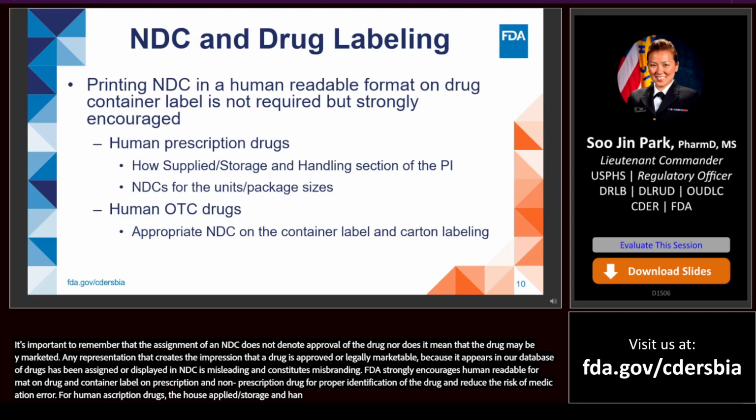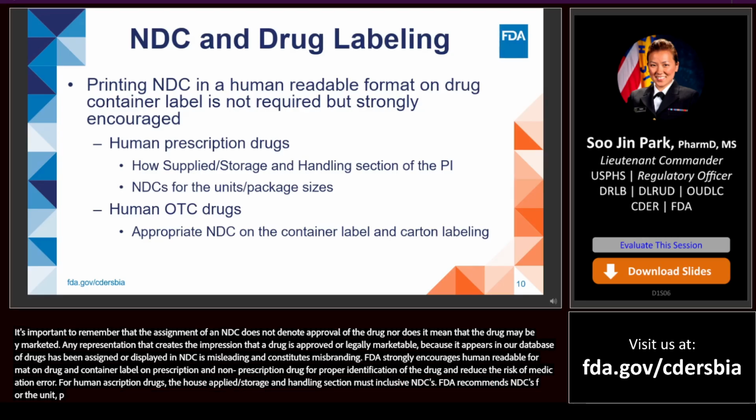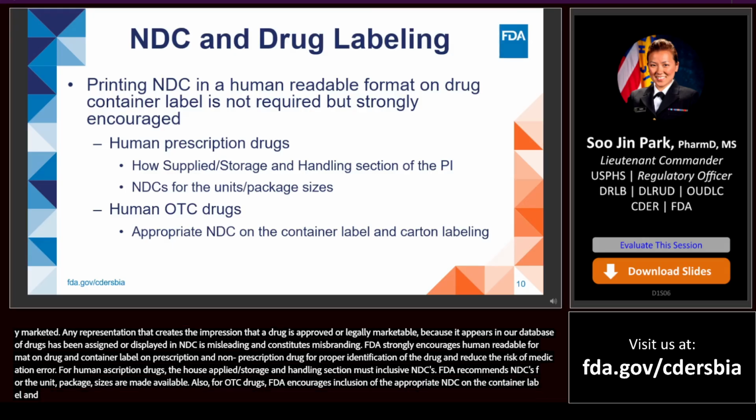FDA recommends that NDCs for the unit package sizes are made available. Also for OTC drugs, FDA strongly encourages inclusion of the appropriate NDC on the container label and carton labeling. If a manufacturer, repacker, or relabeler chooses to include the NDC, it should be displayed in the FDA-assigned 3-segmented human-readable format.